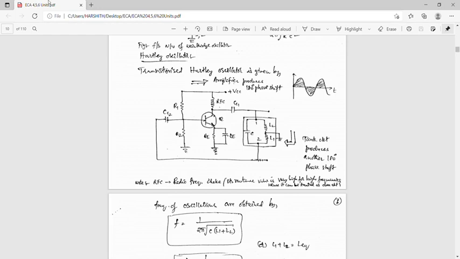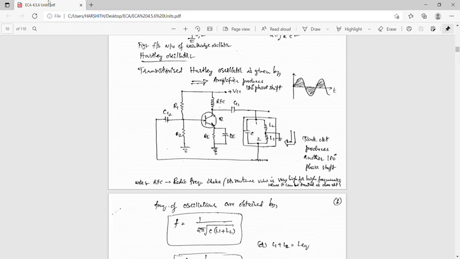In the Wien-Bridge oscillator, the feedback network does not introduce any phase shift. In the RC phase shift oscillator, the op-amp is used in inverting mode.